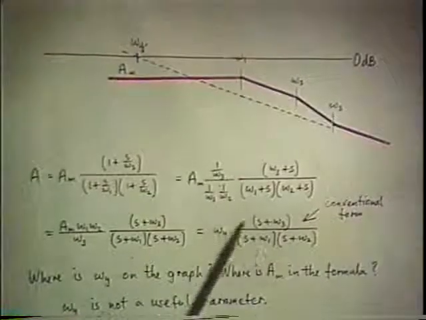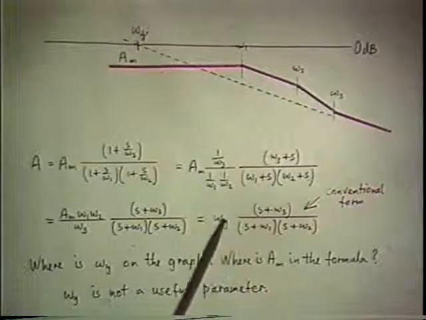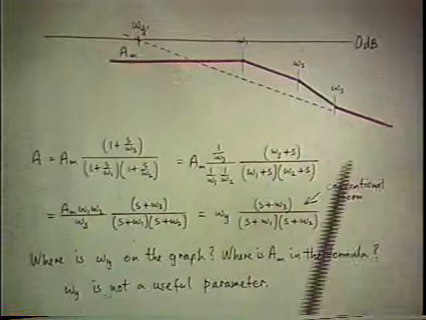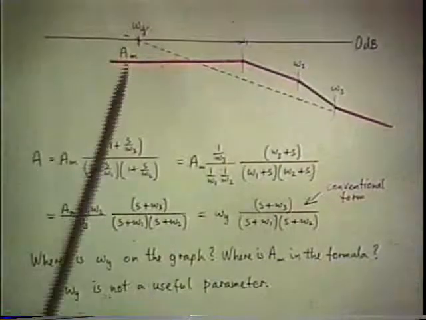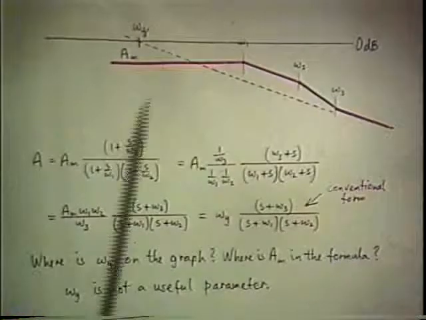Because if you let S go to infinity in the rest of the factor, it goes to 1 over S, and you're left with omega y over S, which is the negative infinite frequency asymptote, and where it goes through unity magnitude is where omega y is. And it's the same conclusion as before.